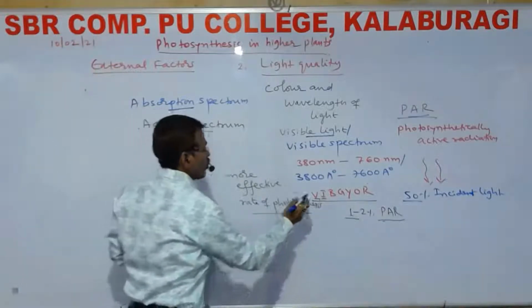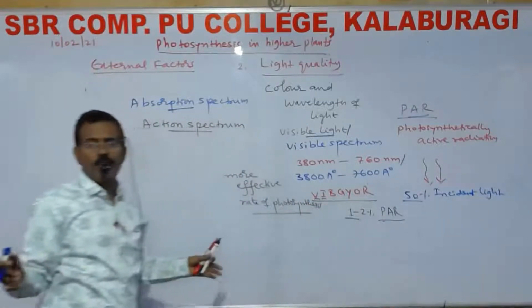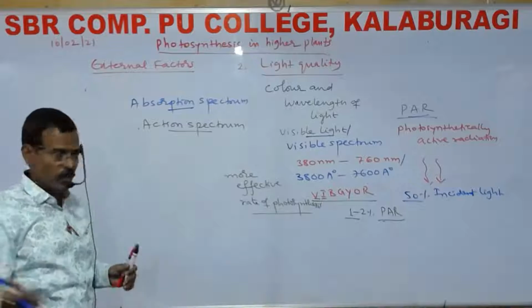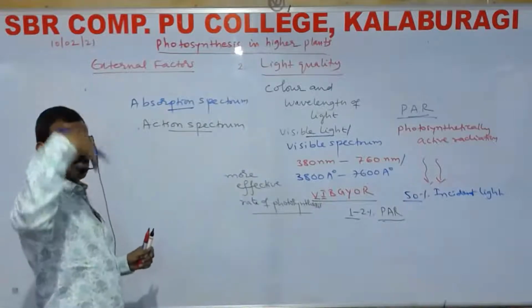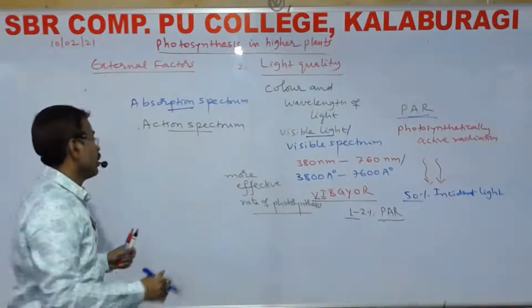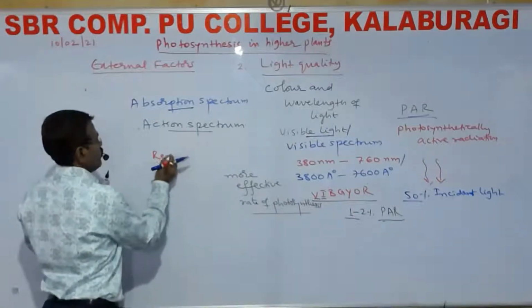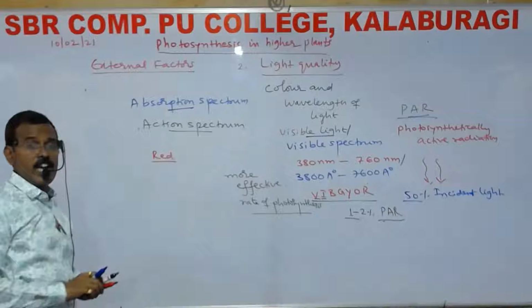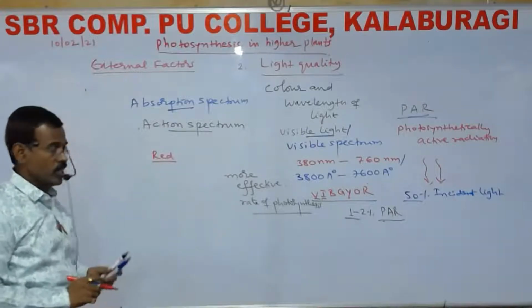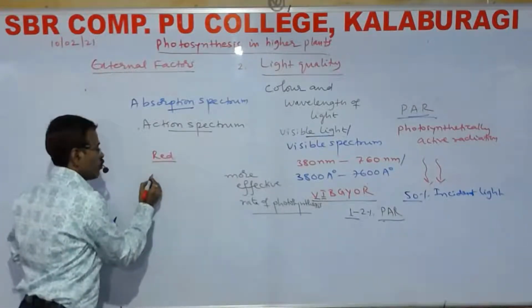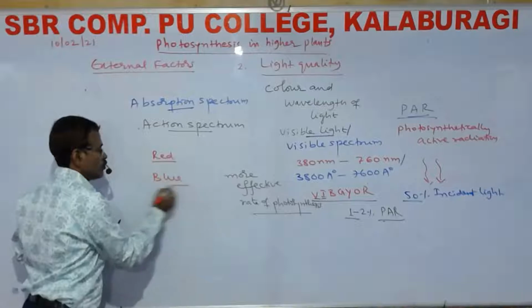So out of these 7 color lights, which light is more effective in increasing the rate of photosynthesis as per the action spectrum we have learned already? Mainly, first red. Highest rate of photosynthesis is in red. It is followed by blue.